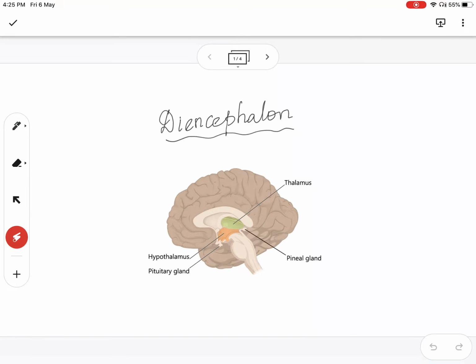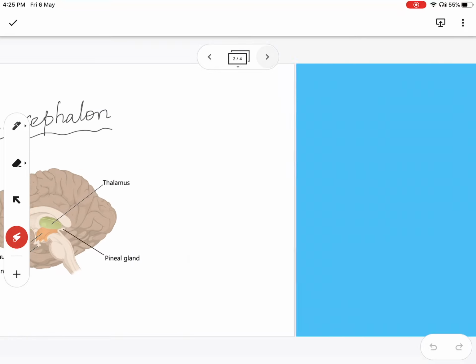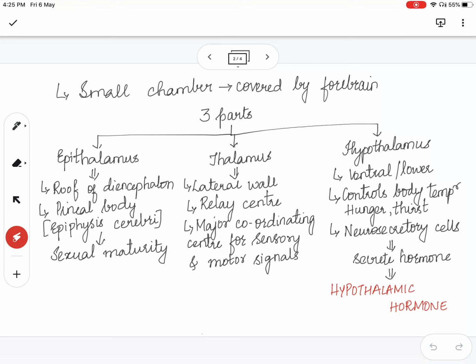Before understanding the functions, you need to understand, if you look at here, I mentioned everything. It's a small chamber covered by forebrain, that is our cerebrum itself. Three parts are present: epithalamus, thalamus, and hypothalamus. Epithalamus is present on the roof of it. It has got the pineal body, that is epiphysis cerebri, that is concerned with sexual maturity.